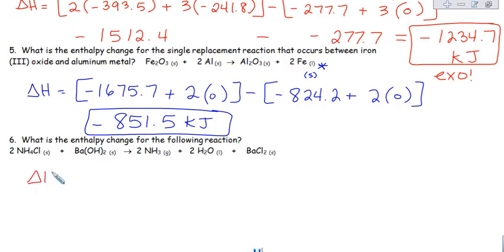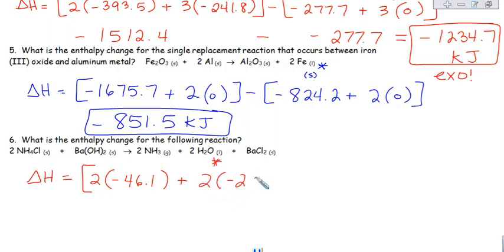Delta H equals. You just have to be organized with these things. Products. 2 times ammonia. I am looking up ammonia, negative 46.1. Plus, now notice here that this one is listed as liquid water. Whoa, that's a star. So I'll look up the liquid water.